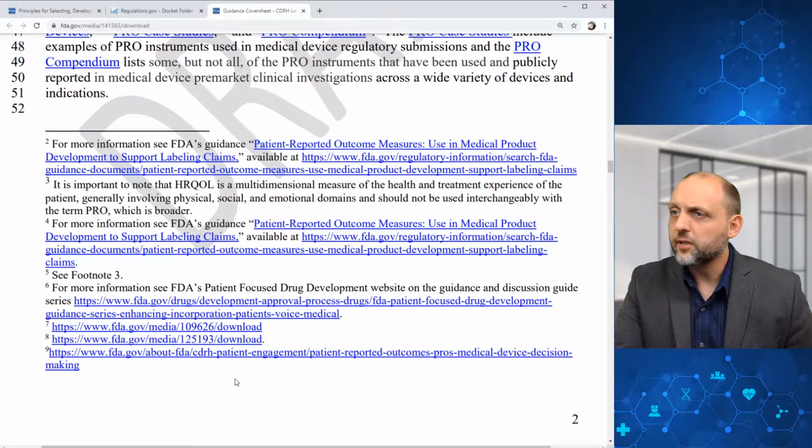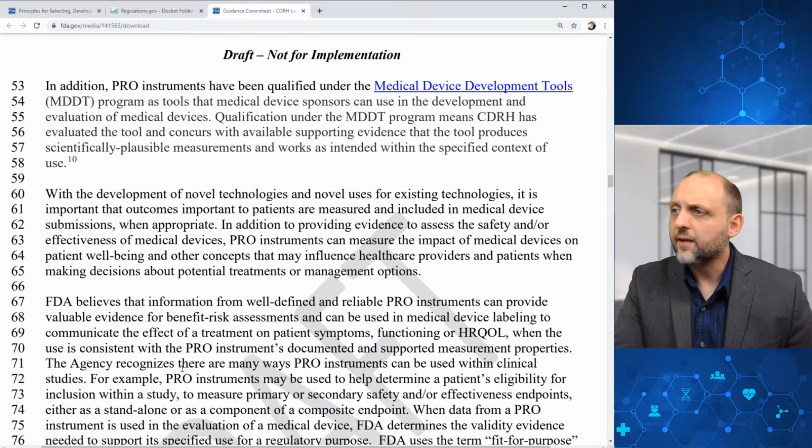So if we come down here to the next section, FDA continues that in addition, PRO instruments have been qualified under the Medical Device Development Tools, or MDDT program, as tools that medical device sponsors can use in the development and evaluation of medical devices. Qualification under the MDDT program means CDRH has evaluated the tool and concurs with available supporting evidence that the tool produces scientifically plausible measurements and works as intended within the specified context of use.